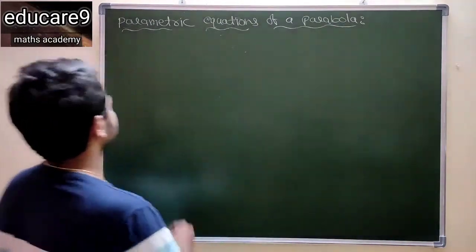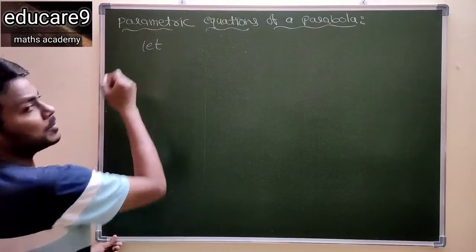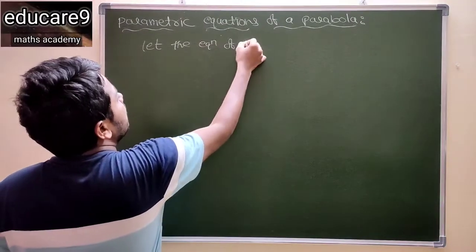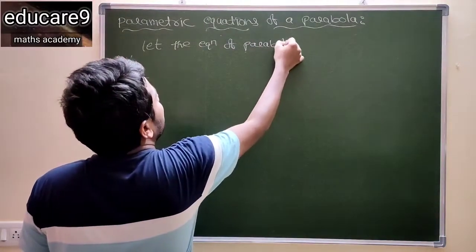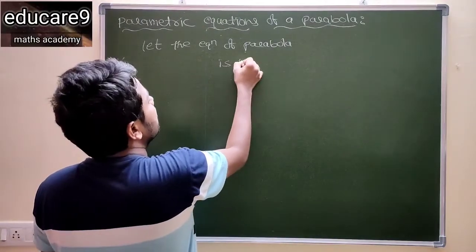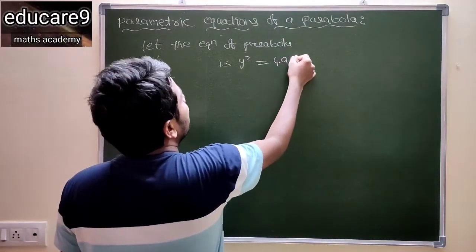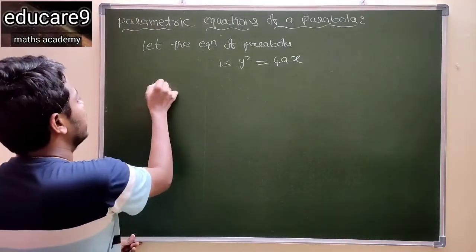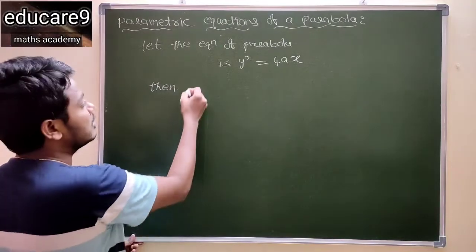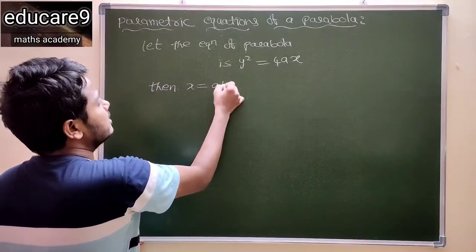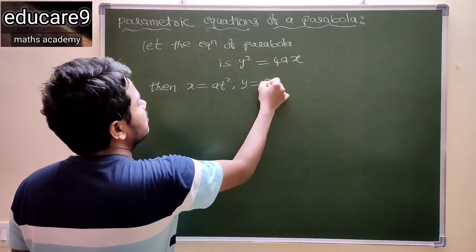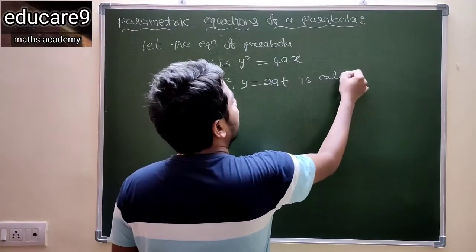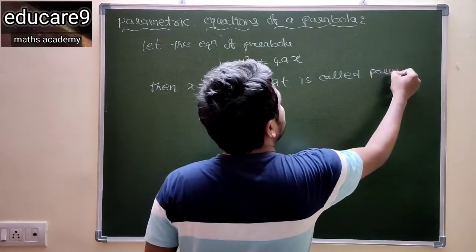So here, for example, let us consider the general equation of the parabola. Let the equation of the parabola be y² = 4ax. Then x = at², y = 2at is called parametric equations.